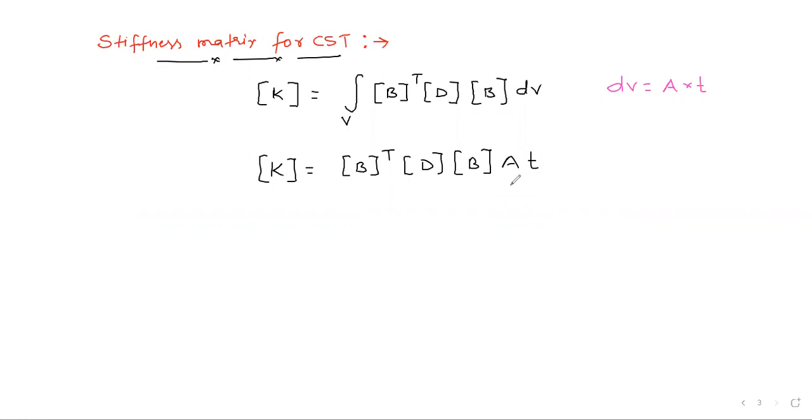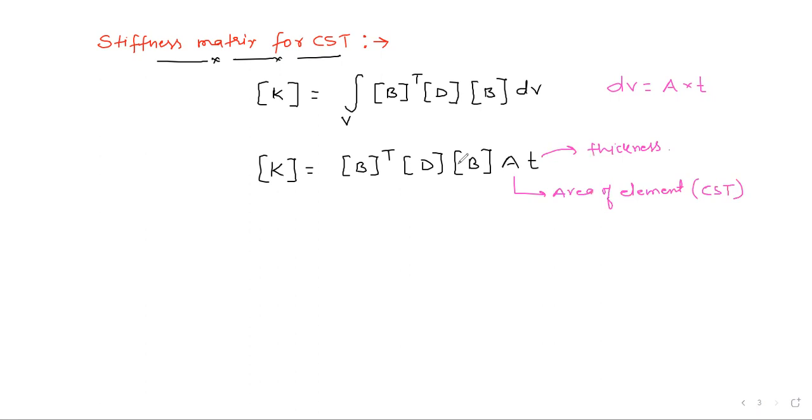They will give the coordinates. So how will you calculate this area? We will discuss these things. Thickness, they will directly give. Here A is the area of the element, rather I can say the CST element, because I am talking about CST only. T is thickness.